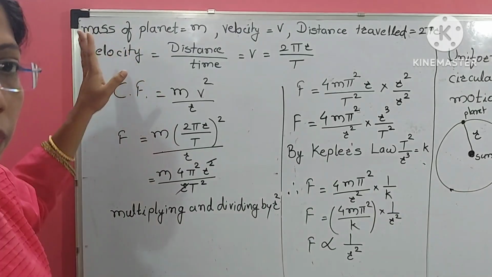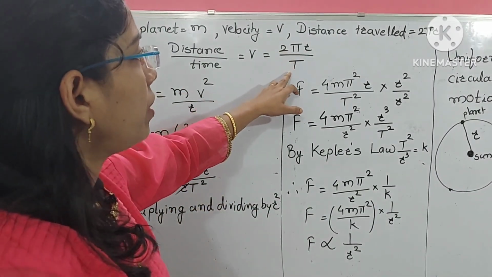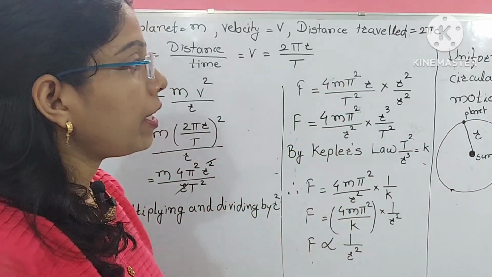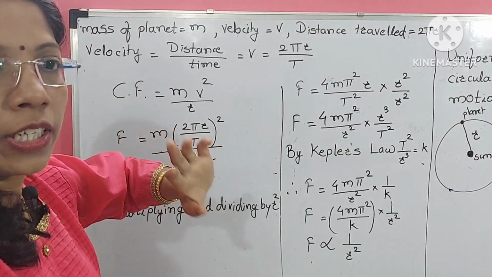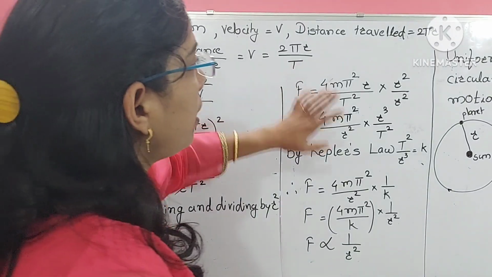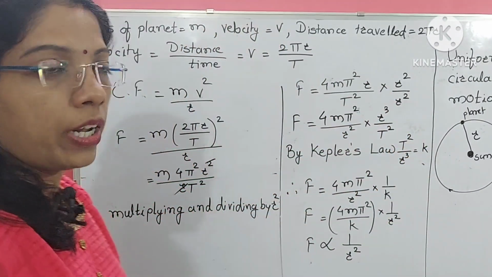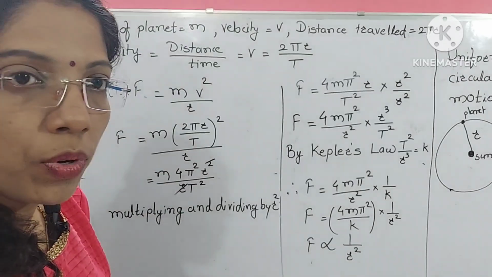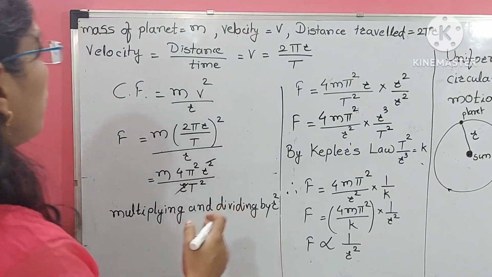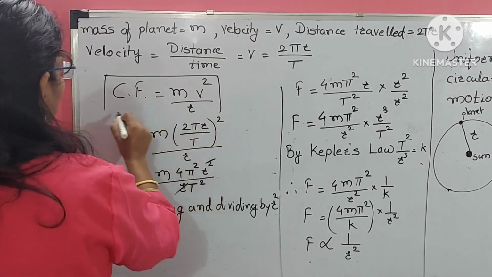But we know that velocity is equal to distance upon time. Therefore v is 2 pi r upon T, where capital T is the time required to complete one revolution. Before starting the expression, you have to remember the formula for the magnitude of centripetal force.